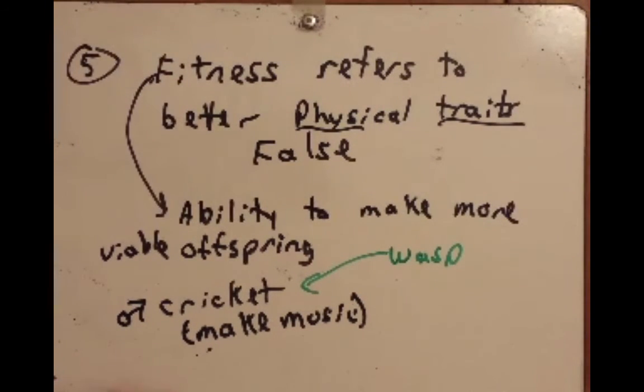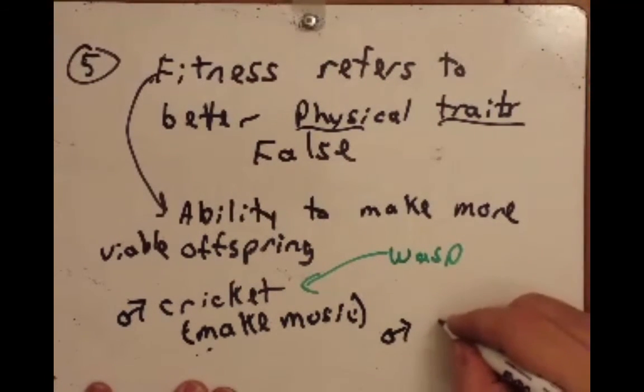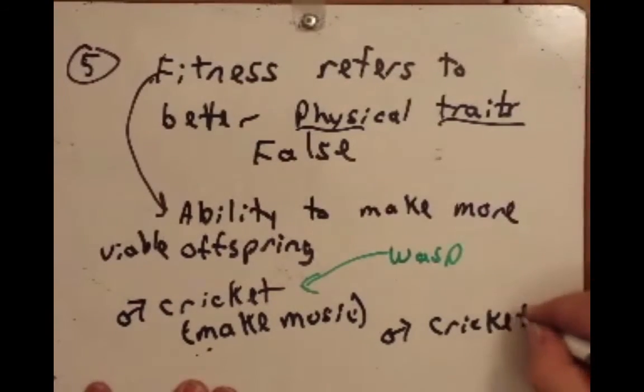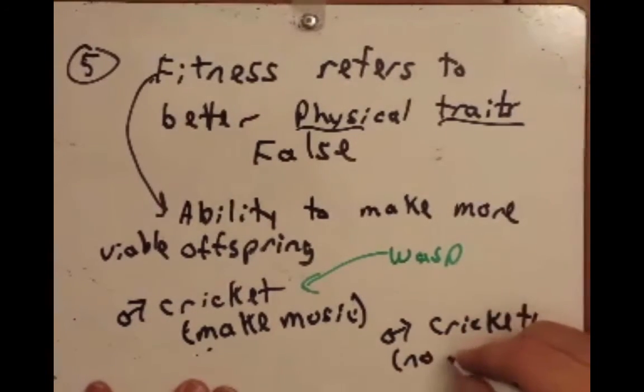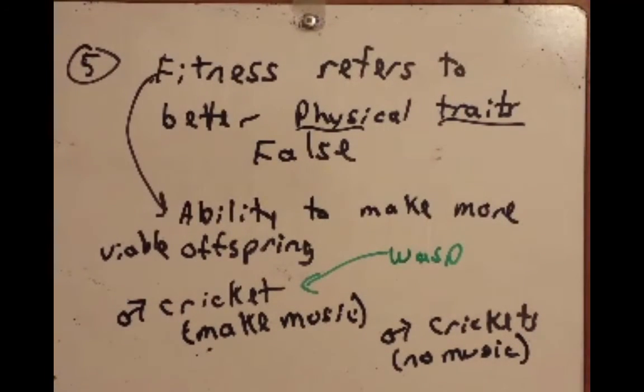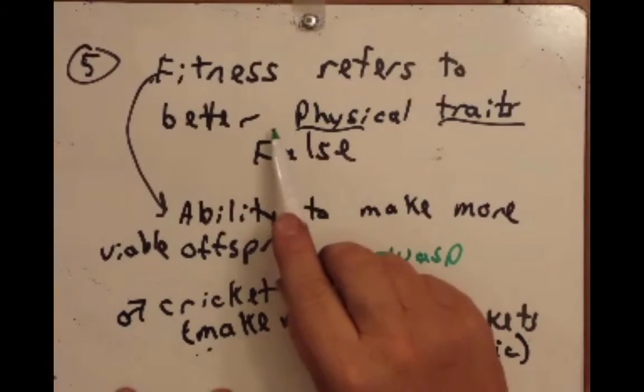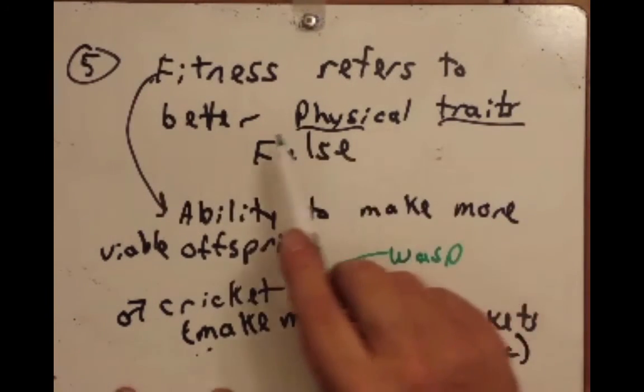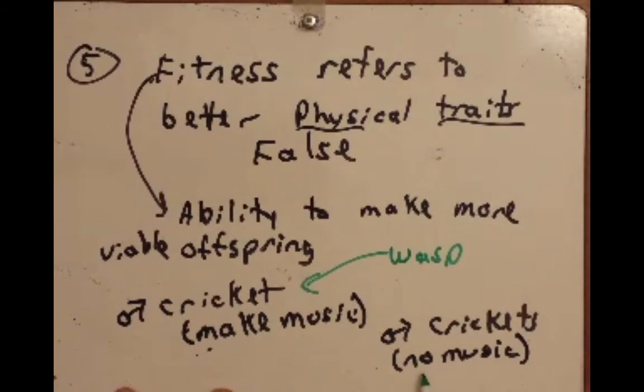So even though these crickets had better physical traits, the male crickets that couldn't make music with their wings were now able to mate more, because all of the singing crickets were being destroyed by the wasps. So even though they had fewer advantages with their physical traits, they were able to reproduce more, and so now they were more fit.